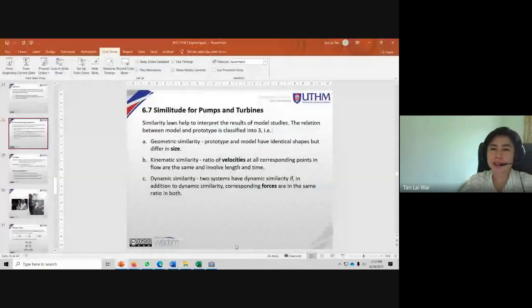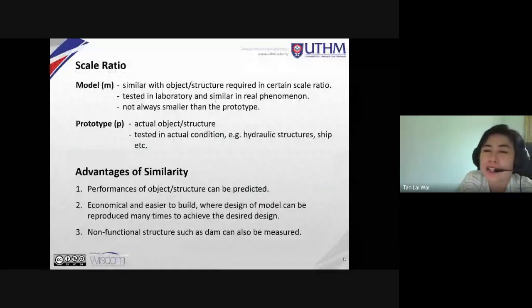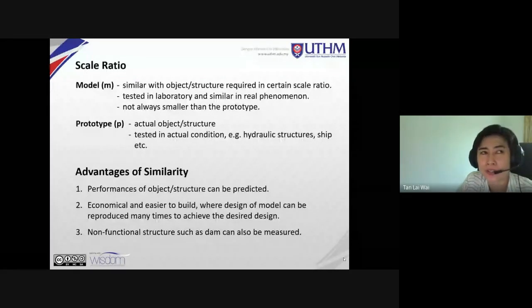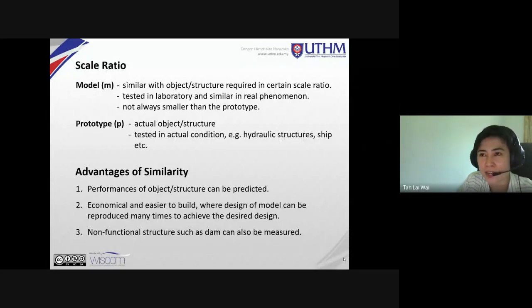Now, scale ratio. Normally we will be using model and prototype, or it could be homologous machine, for example, homologous pump or homologous turbine. It doesn't matter. Now, model is the structure, or it could be an object, which is developed to represent the prototype.